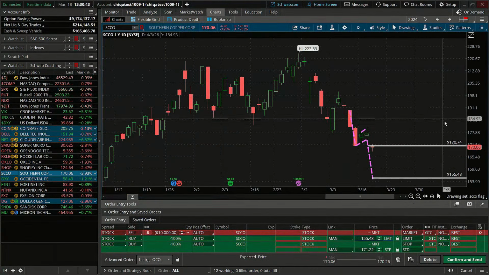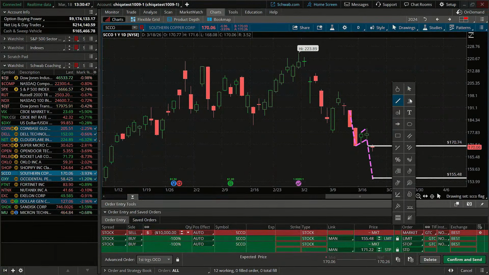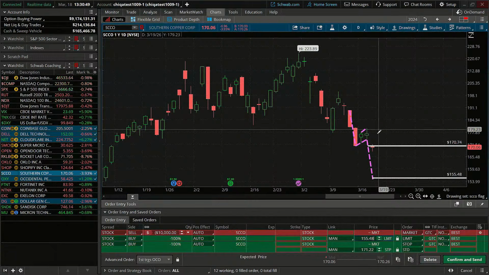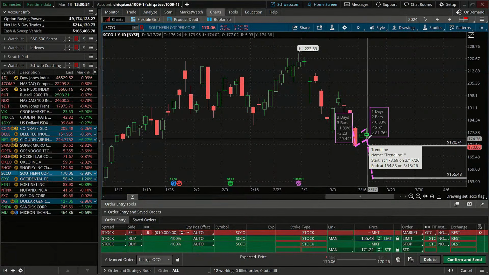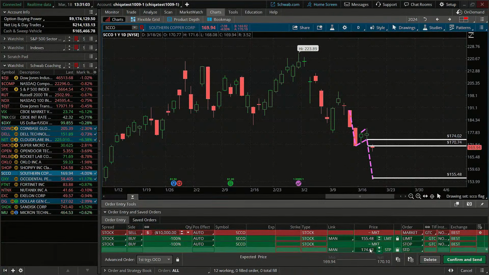Well, let's look and let the candlesticks give us a little bit of an area for signaling. Maybe we want to put our stop if price re-enters the pattern right around 174.02. So I'm going to use 174.02 here for our stop. And again, we're using a stop market order.